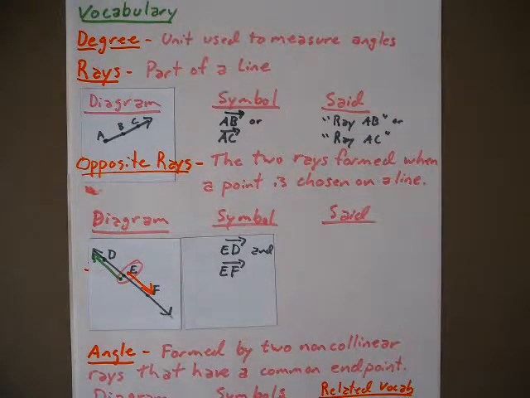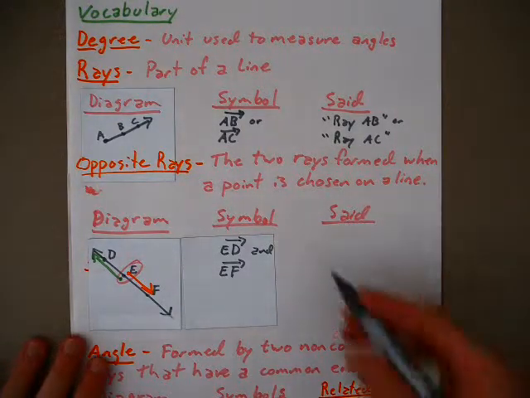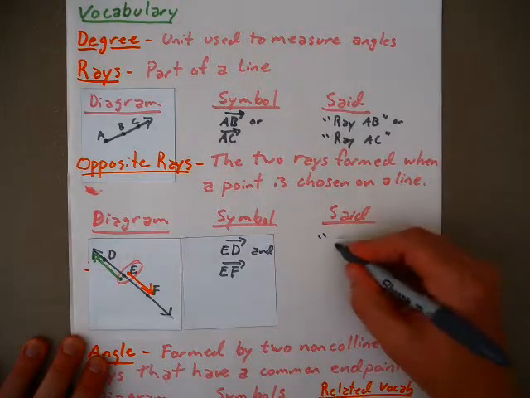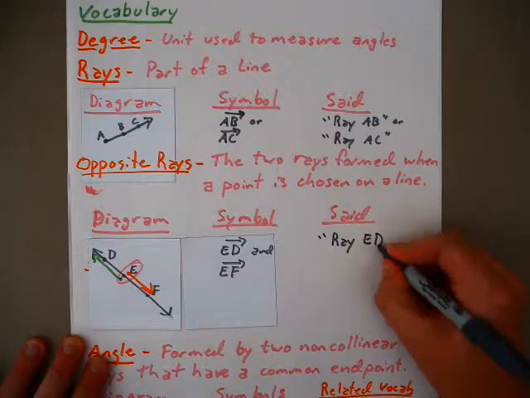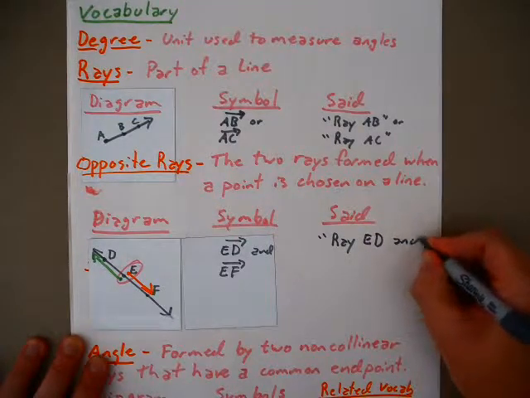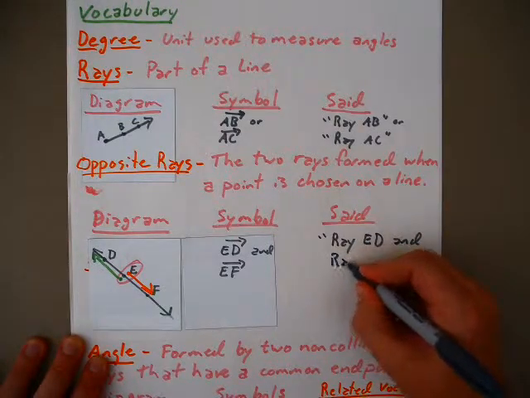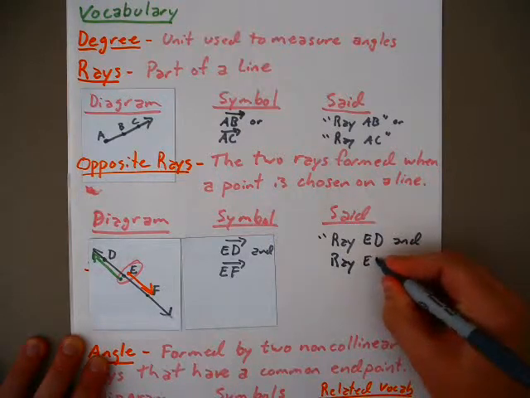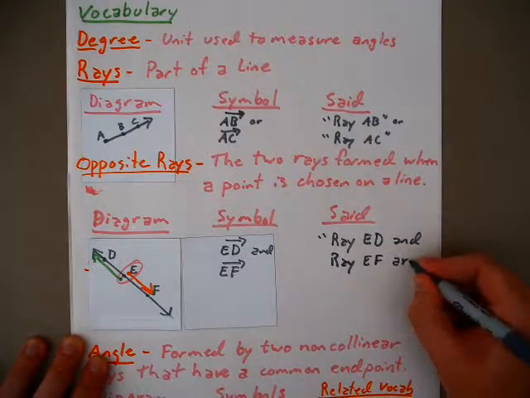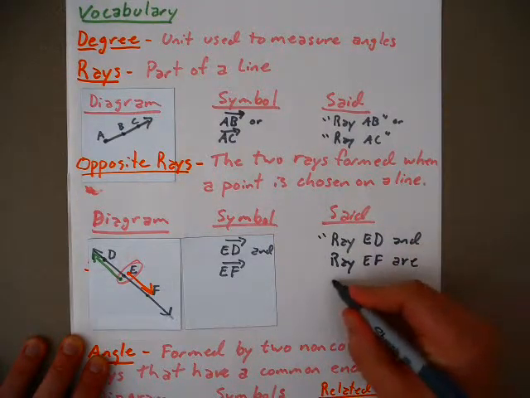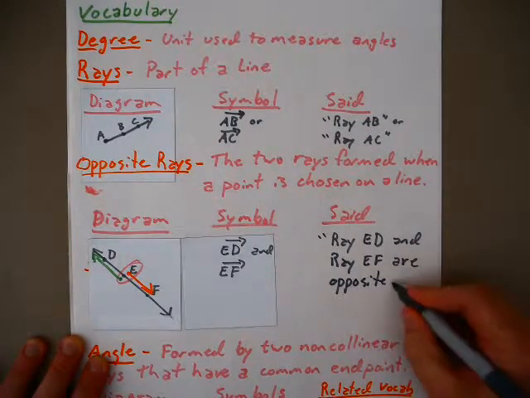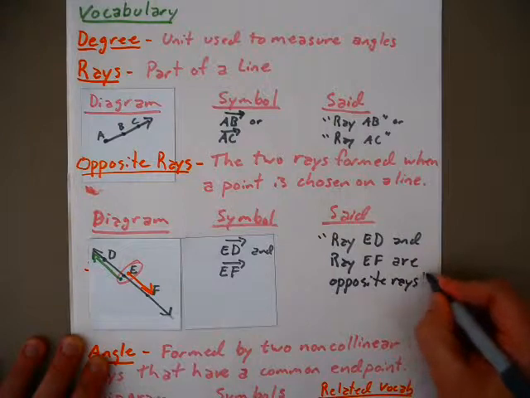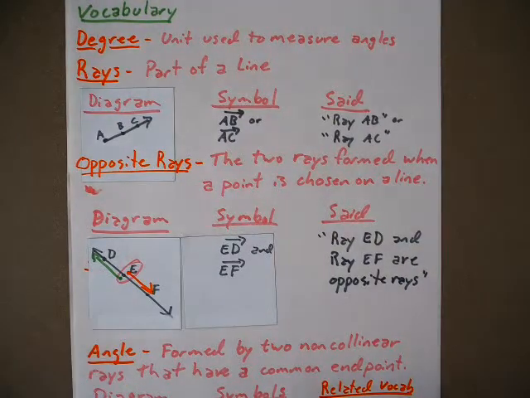And so how we would say this is that ray ED and ray EF are opposite rays.